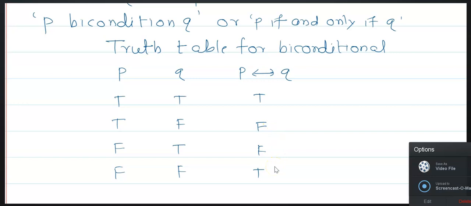Therefore, to remember the biconditional double implication, if both of them are same, then it is true, otherwise false. If both of them are different, it is false. Next.